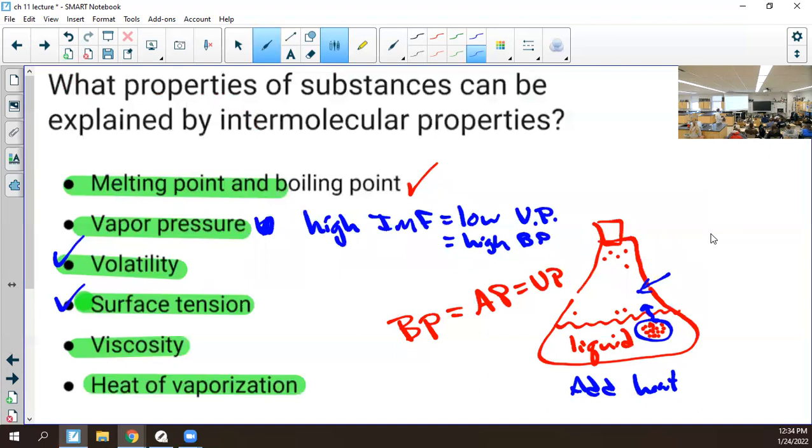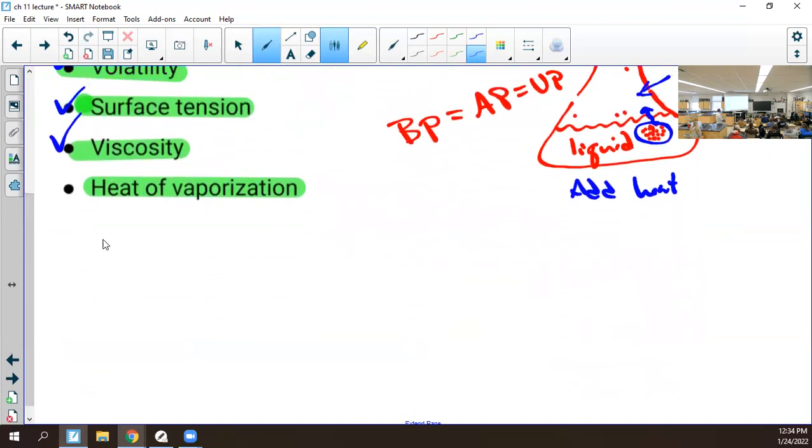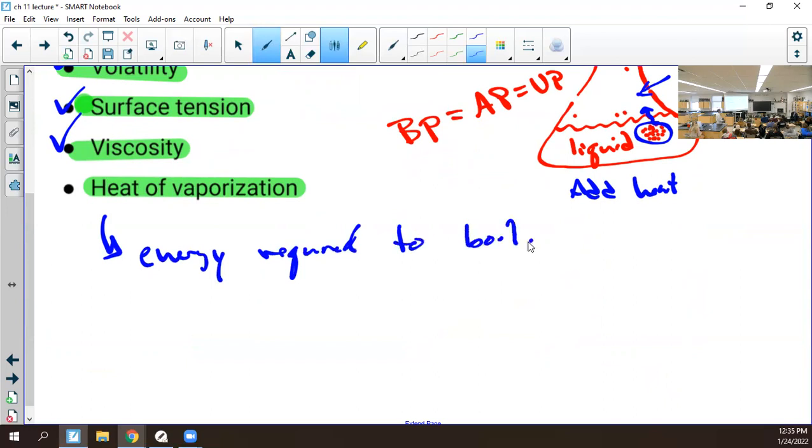Heat of vaporization, which is the energy required to boil a substance, to turn its liquid into a gas. That's what vaporization is. So this is very similar to its boiling point.